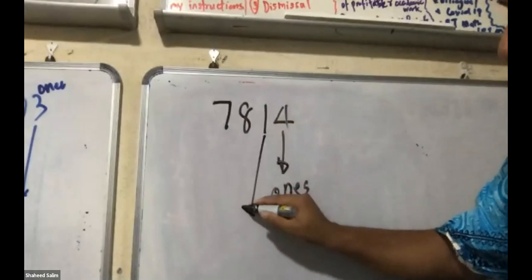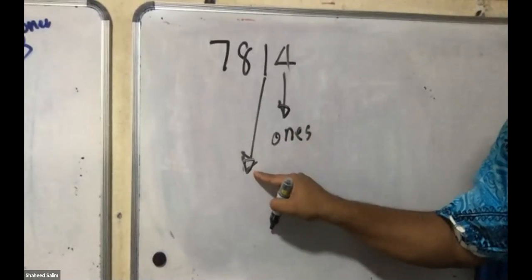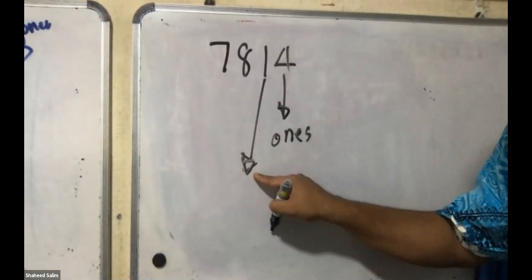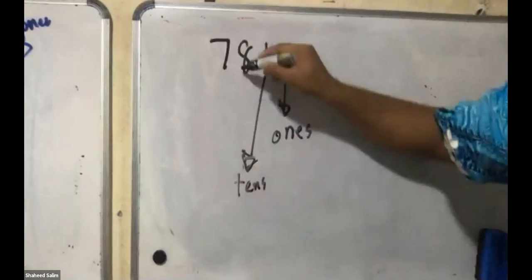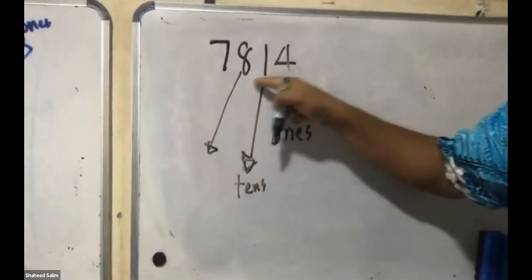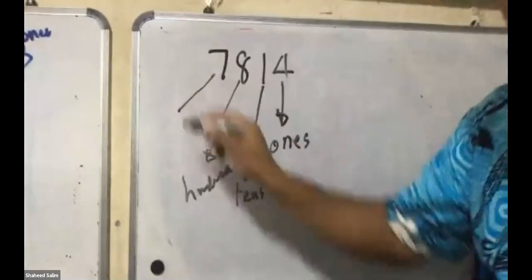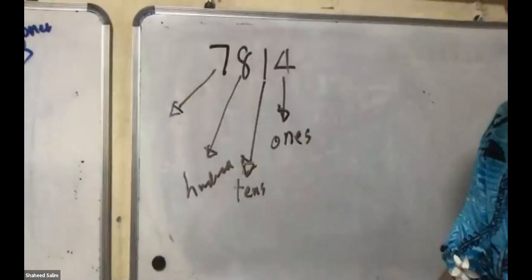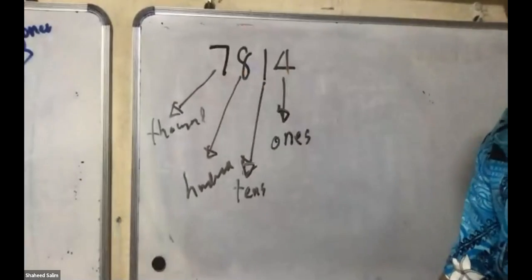What position is this, Amara? Ones. Beside it must be? Tens. Umaira, beside the tens is? 100. And Miss Auni, beside the 100 is? 1,000. You see, even without looking, you can know. So you know already the position.